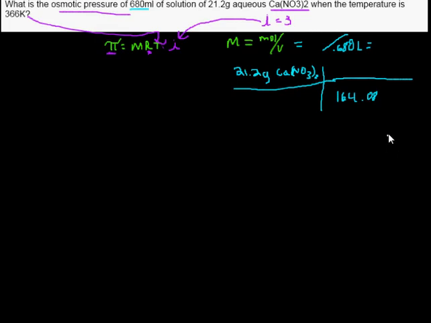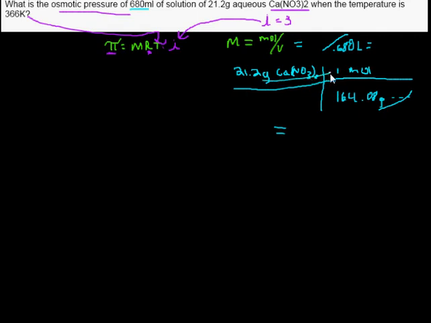Okay? So that's what that is. Now, we just need to figure out the next part to this. Gotta figure out how many moles it is. 1 mole equals 164.08 grams.